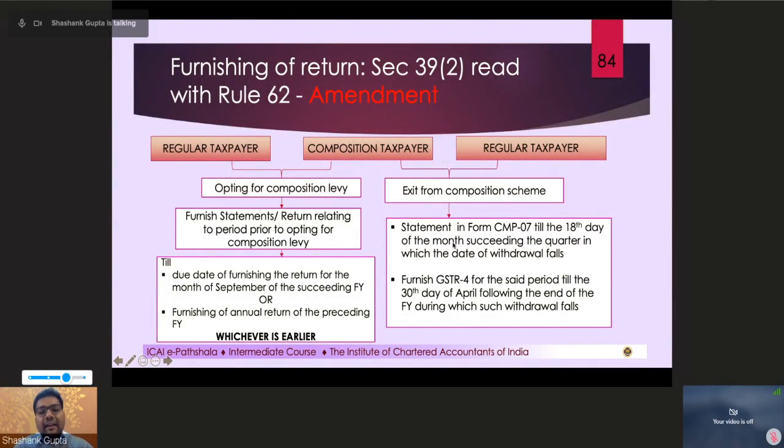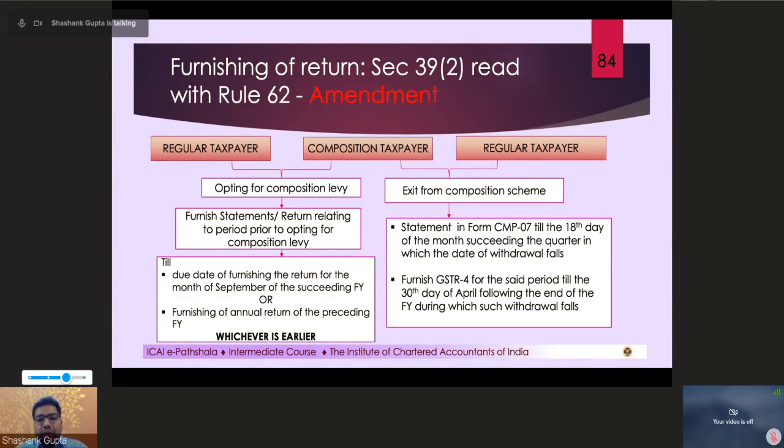If anyone is exiting the composition scheme, then statement in CMP 07, which is another form, till the 18th day of the month succeeding the quarter in which the date of withdrawal falls, that has to be filed, and GSTR 4 has to be furnished for the said period. So someone can come out of the composition scheme in the middle of the financial year.